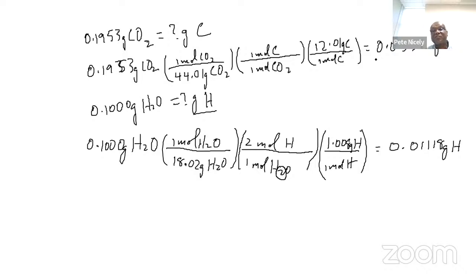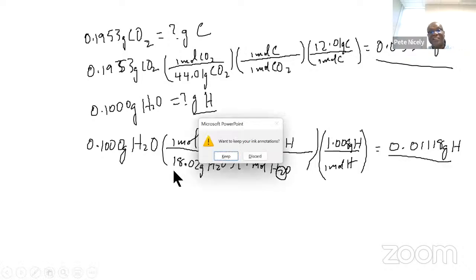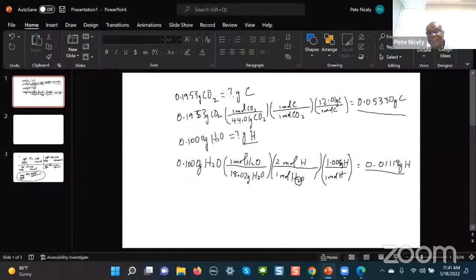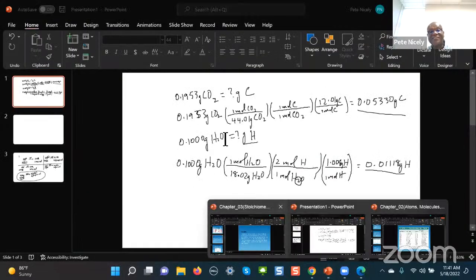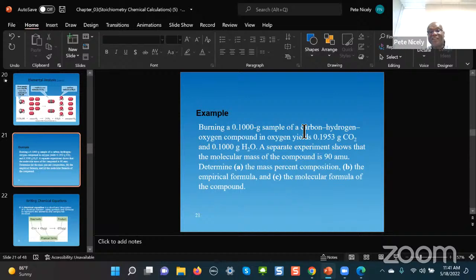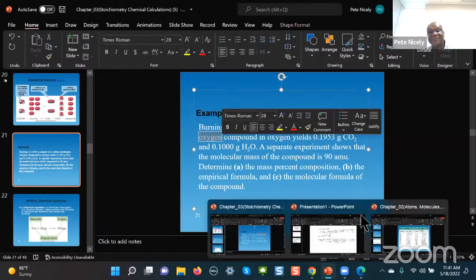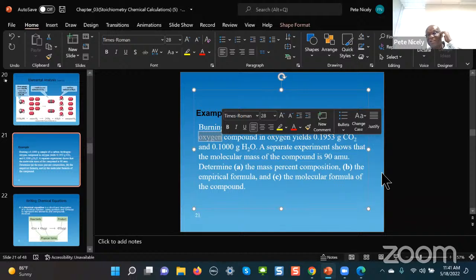Okay. So far we have calculated the mass of carbon and the mass of hydrogen. But if you remember, going back to the question, let me go back to the PowerPoint here. The question says that the compound contains carbon, hydrogen, and oxygen, right? So we know what the mass of carbon is. We know what the mass of hydrogen is.